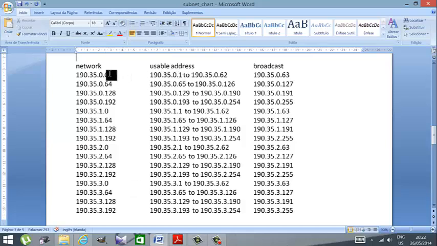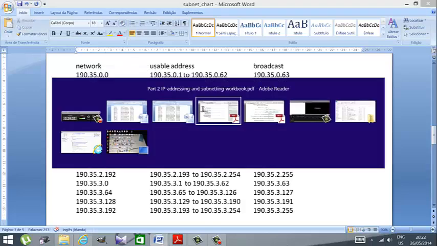The usable addresses from 1 until 62 are the usable addresses, and 0 and 63 are the network and broadcast addresses of the first network, and so on. Here the second network starts at 64 and goes until 127, and those in the middle are the usable addresses. Now let's try to answer the questions.